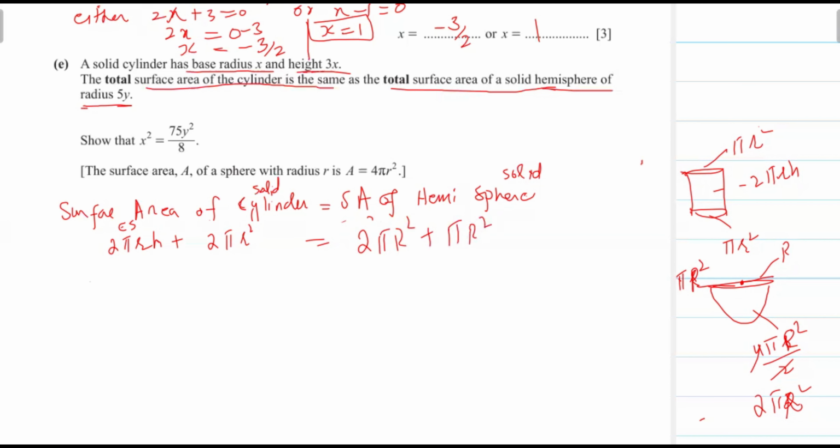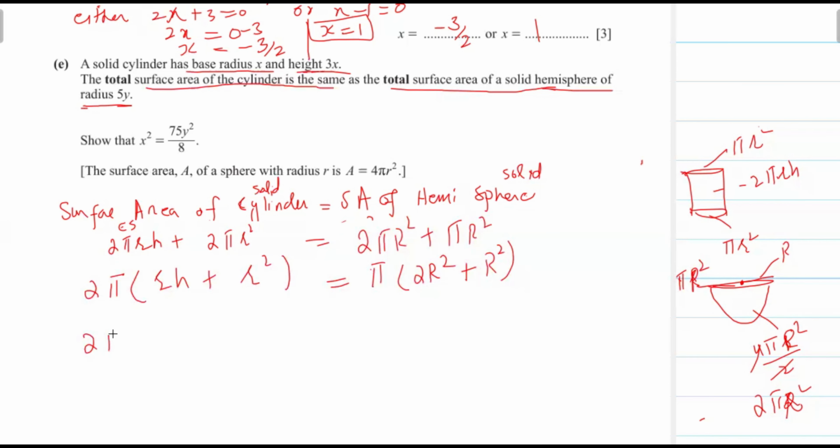Now we can write 2 pi taken as a common factor. We can write RH plus R squared. And here pi is taken as a common factor. We can write 2R squared plus R squared.